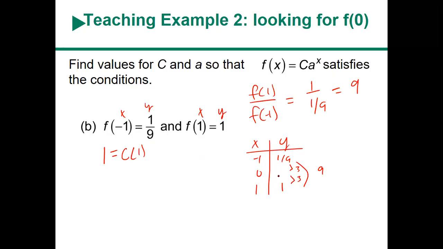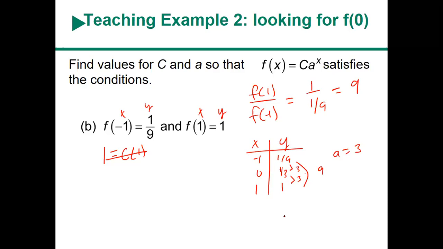Between these two is 9, and this is squared because it's multiplication, it's exponential. This is going to end up being 1/3, and 1/3 times 3 is 1, and that's how we find the pattern and figure out what our A is. We know that A equals 3 by analyzing the table.